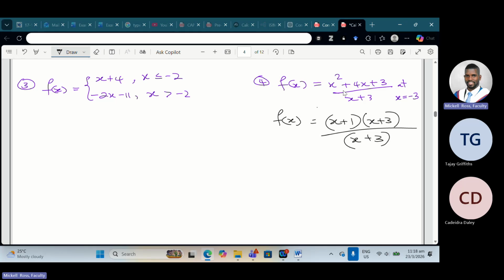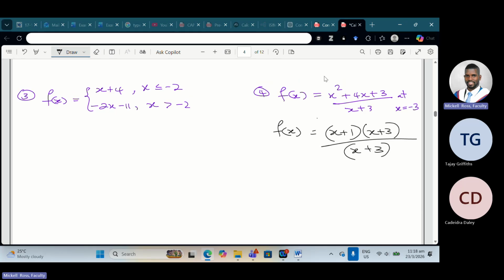If you're not seeing that it can factorize like that, remember you have the quadratic. We look at using the AC method to factorize. Some people say AC method, some people say method of factorization, but either way, these two will cancel with each other.